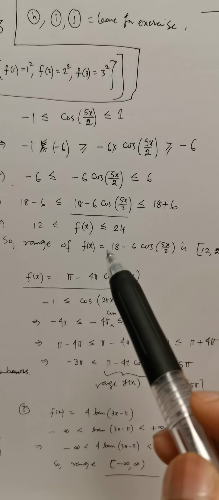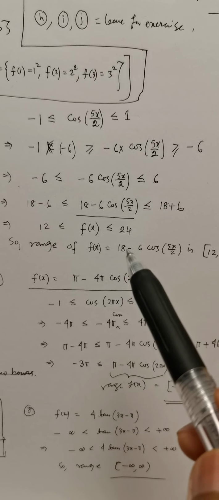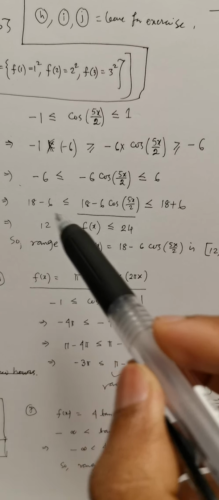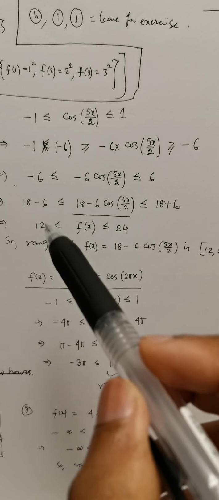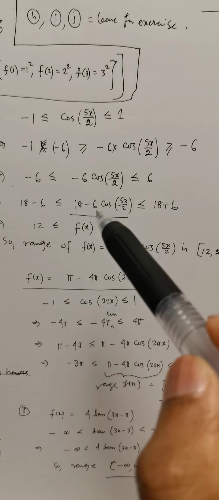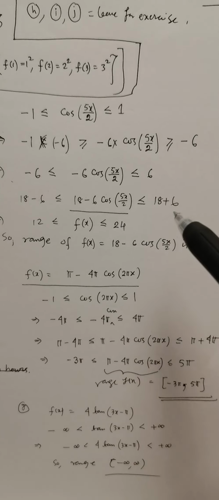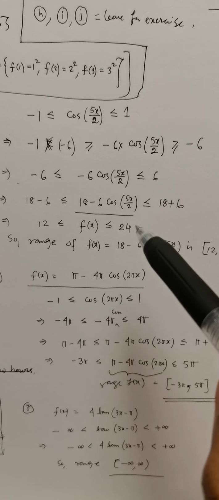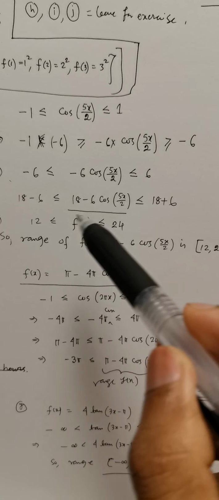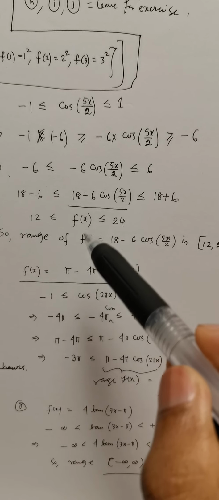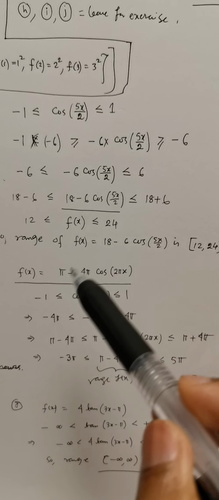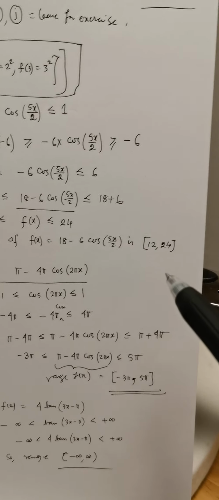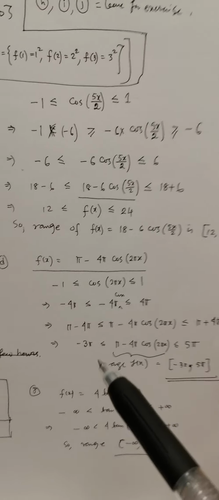The function whose range you need is 18 minus 6 cos of whatever, so I add 18 to all sides and you get 18 minus 6 less than or equal to 18 minus 6 cos of whatever less than or equal to 18 plus 6. So you get 12 less than or equal to f(x) less than or equal to 24. So the range of this f(x) is the closed interval 12 to 24.